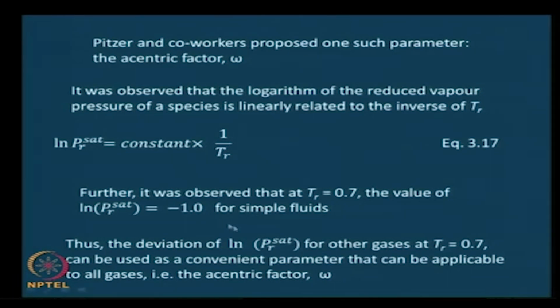And most importantly, it is just one measurement. The deviation of log of P_R^sat at T_r 0.7 can be used as a convenient parameter that is applicable to all gases. In other words, this acentric factor can be used as a convenient parameter.